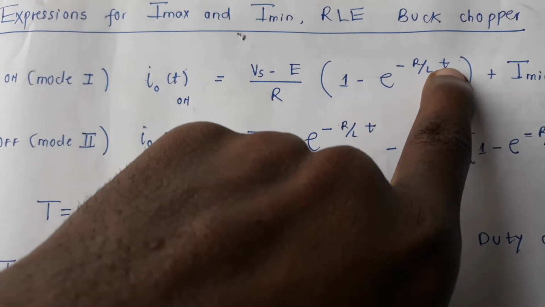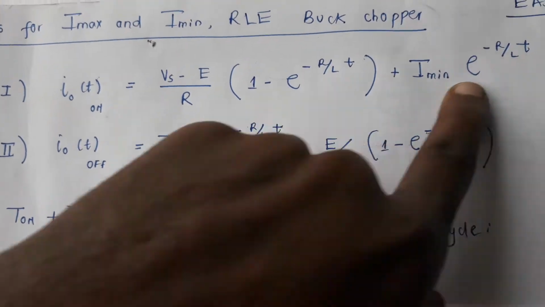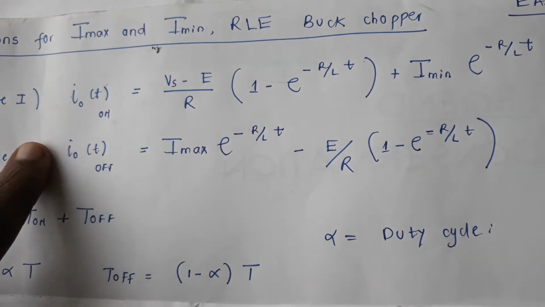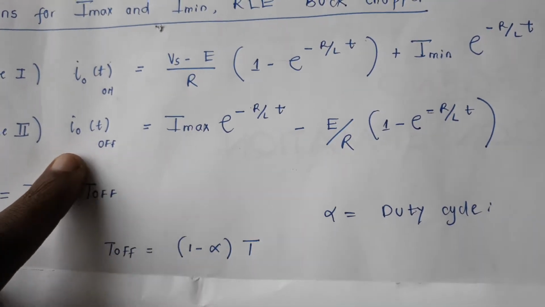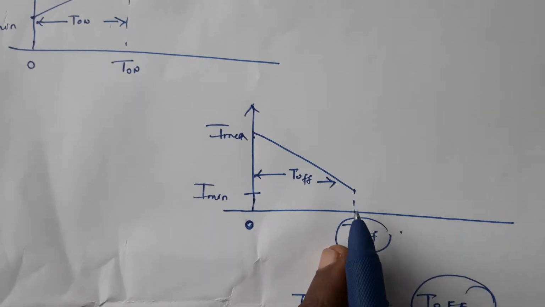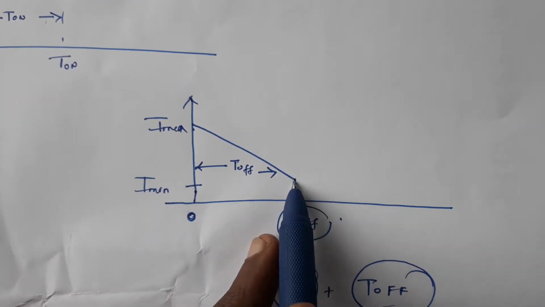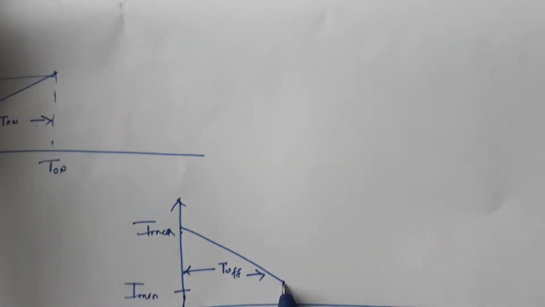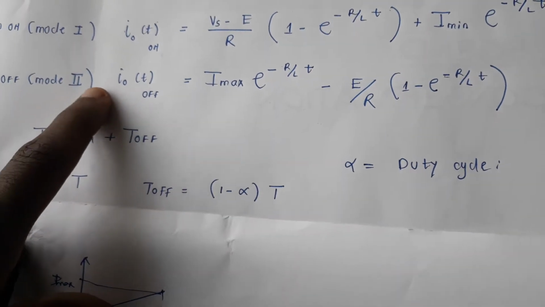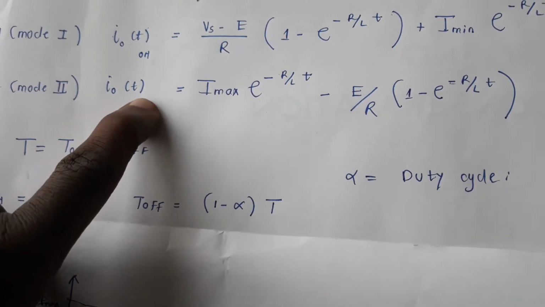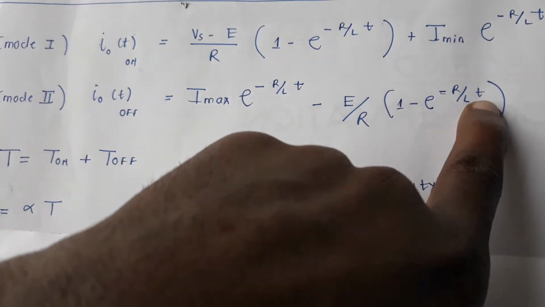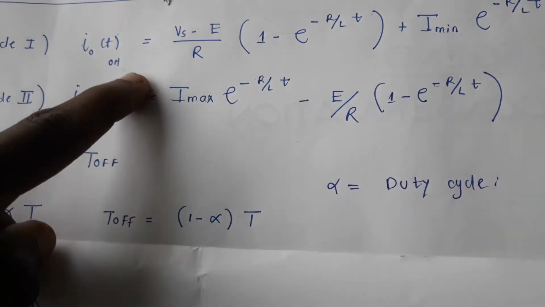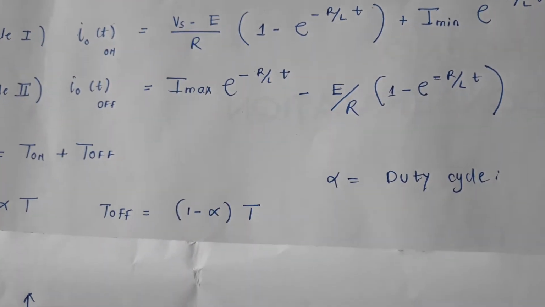Where we have T, we have T on, and this term will be Imax. We also see that Imin occurs during T off, and therefore, using the expression for mode 2 and substituting T to be T off, or 1 minus alpha T, where I have T we put 1 minus alpha T, and this is nothing but Imin.